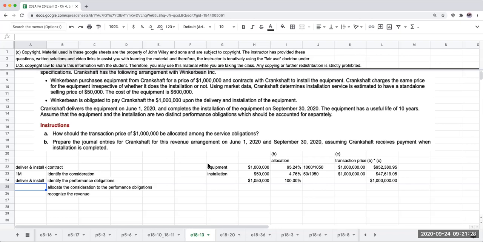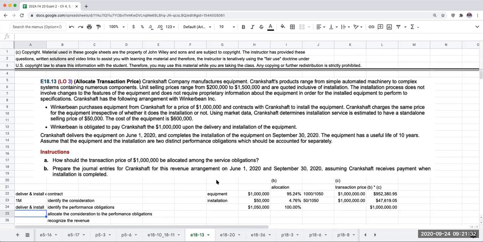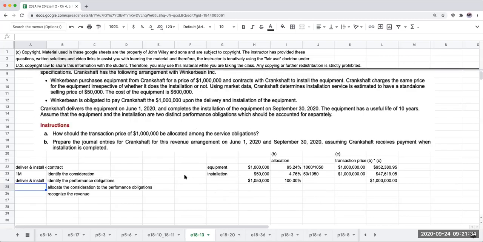Now I have to go through and recognize the revenue. There are two different things happening. On June 1st, the equipment is being delivered. So on 6/1/20, I've delivered the equipment.